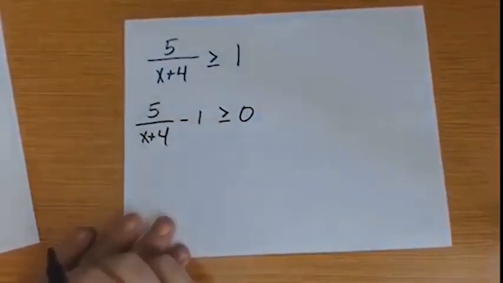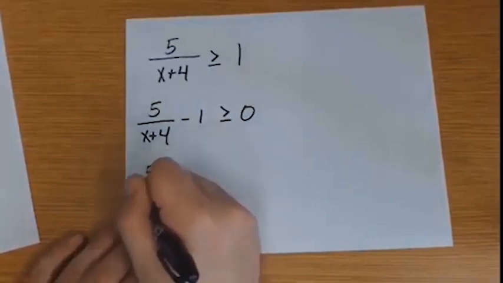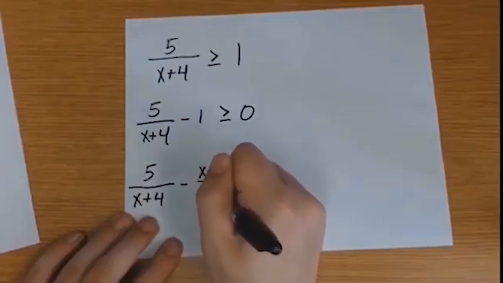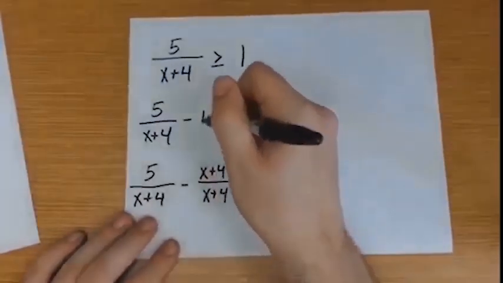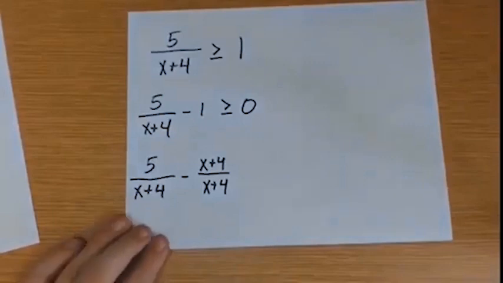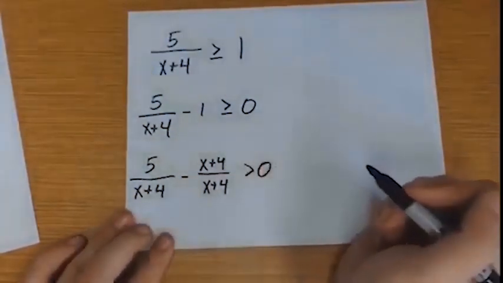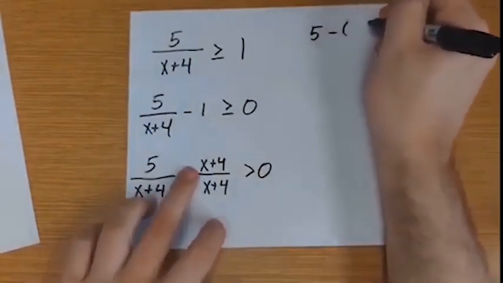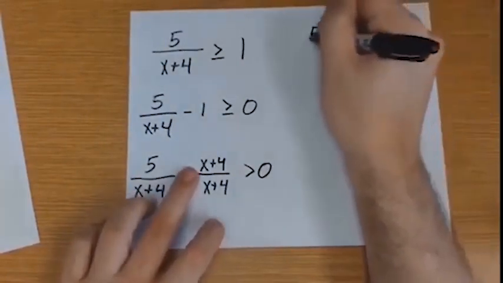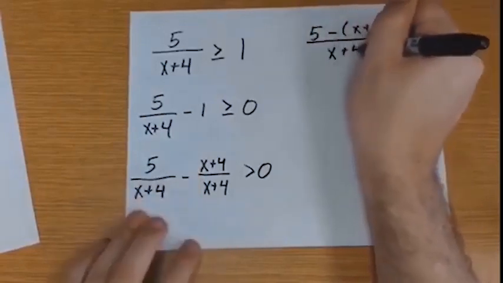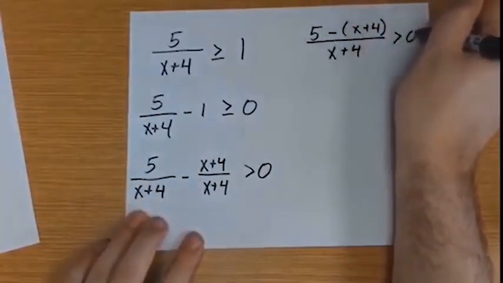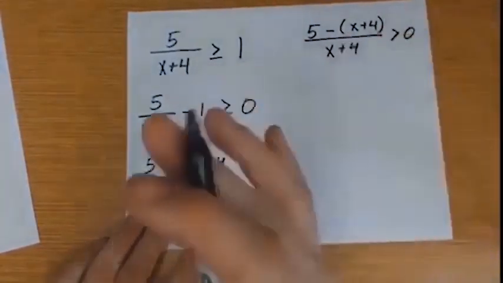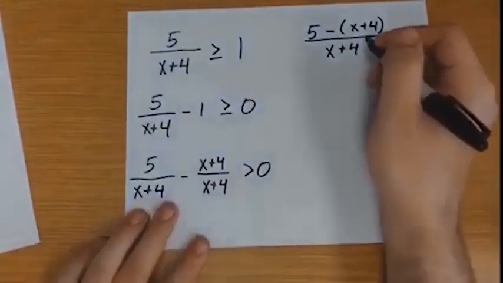We need to get a common denominator. 5 over x plus 4, this would be minus x plus 4 over itself, a nice convenient form of the number 1. So this is 5 minus the entire x plus 4, so put it in parentheses, all over x plus 4, greater than 0, because what we want is a rational expression on one side and 0 on the other.